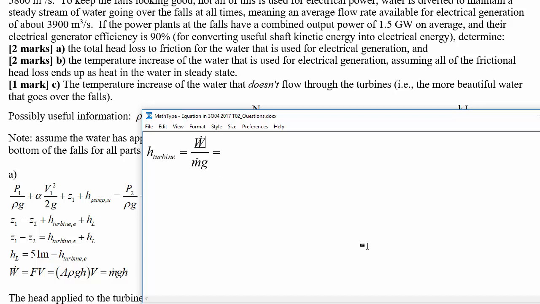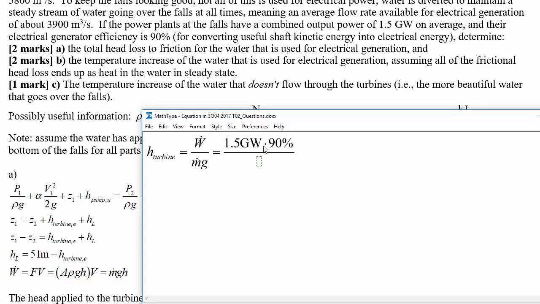So the actual mechanical work that went into the turbine is not necessarily the electrical work, so it's 1.5 gigawatts, but then multiplied by the efficiency. There we go, eta. So the 90%. Let's think that this makes sense.